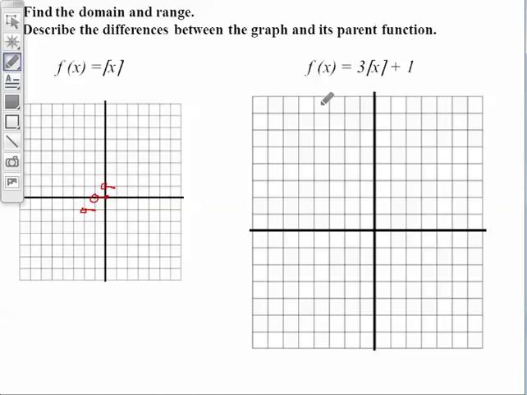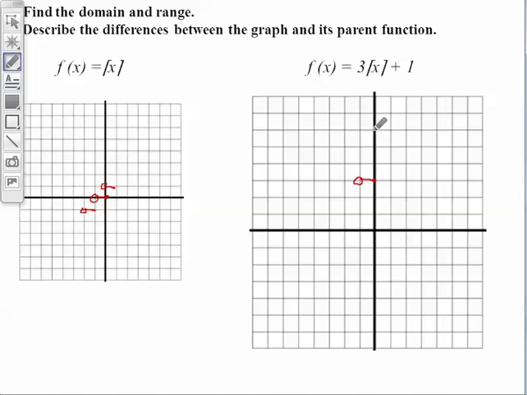This one has got it at the top. It's going to do the same thing, except it shifted up 1, okay? But I got 3 times that number, so it's going to actually be shifted up 3 more. Okay? So it's going to have a solid here, open circle going this way.